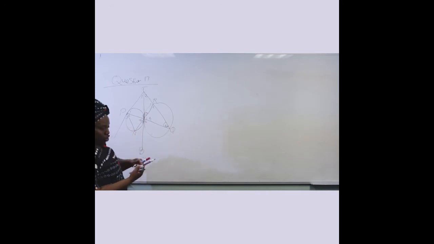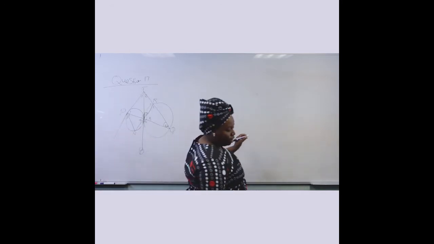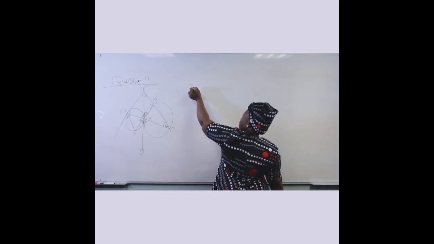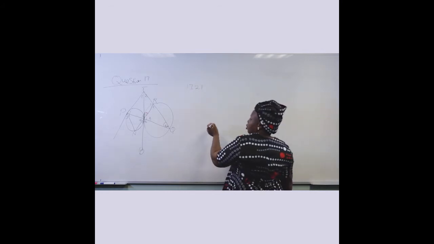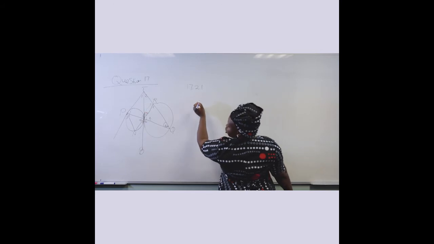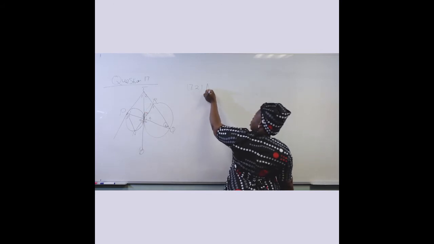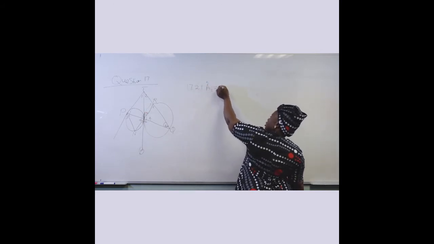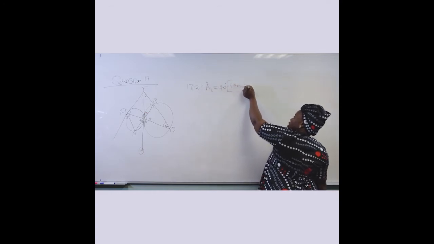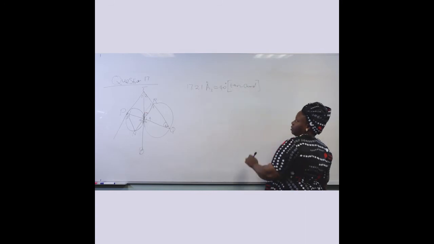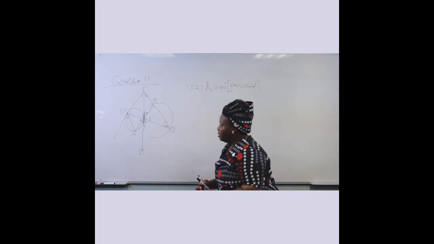So for question 17.2.1, we're going to say that A2 is equal to 40 degrees, and the reason is the tangent chord theorem. Okay, that's our first information.